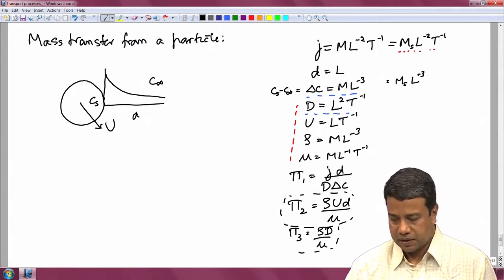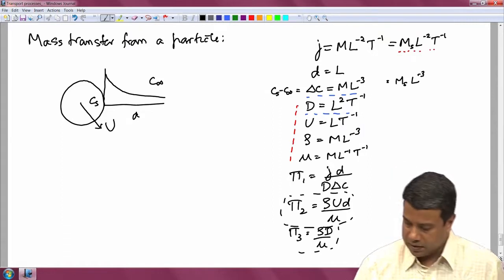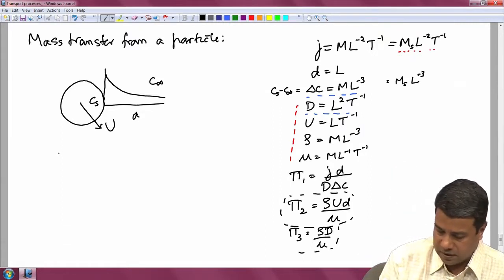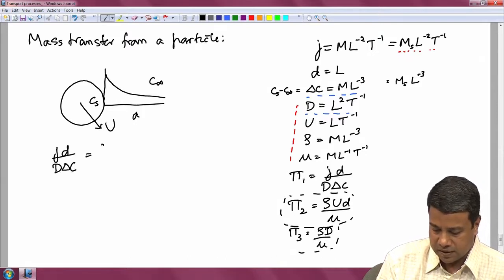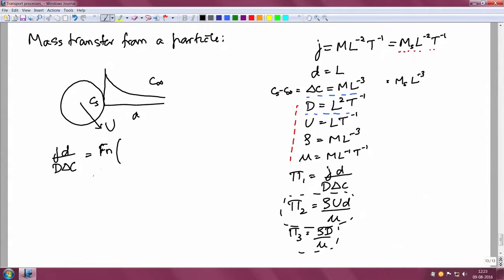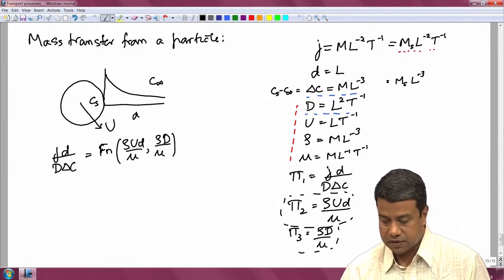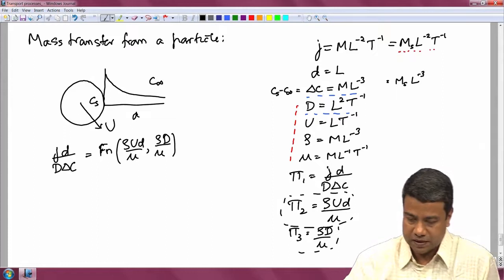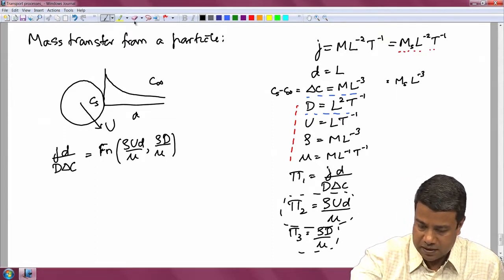These also have names. The first one, J d by d delta C, has to be some function of rho d by mu. It is conventional to write this third dimensionless group pi 3 not in this fashion, but rather as its inverse.